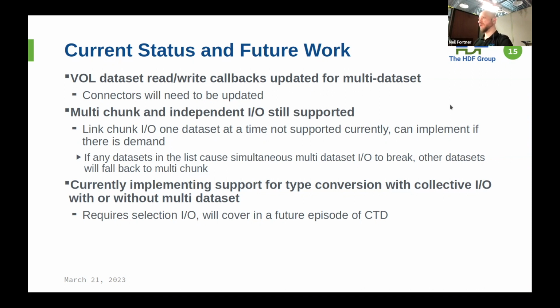If any of the data sets violate any of these conditions, then all of the data sets will fall back to multi-chunk. It won't do link chunk on all the data sets that support it, and then multi-chunk on the others.